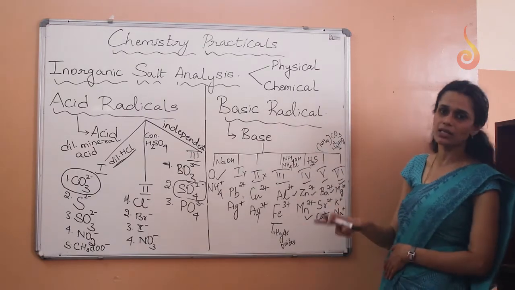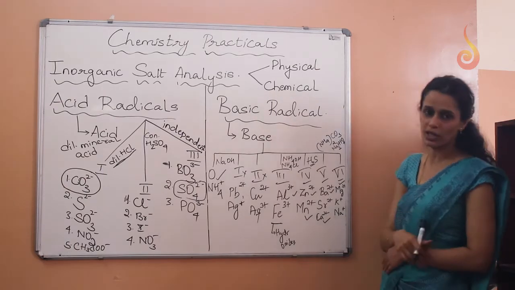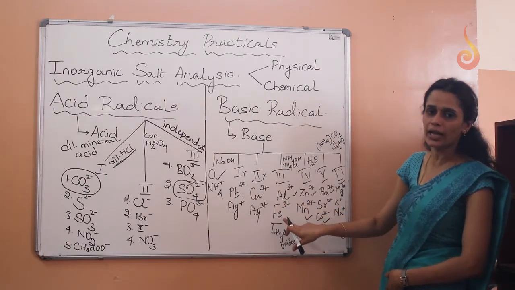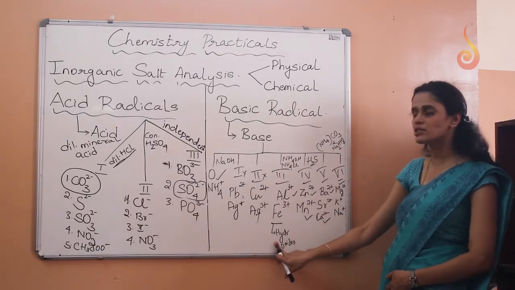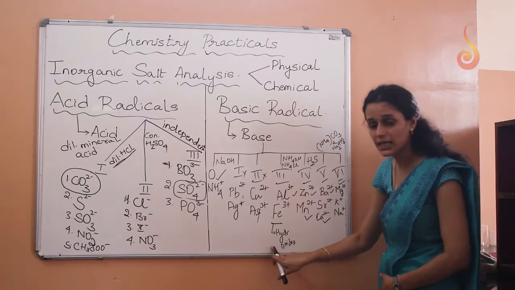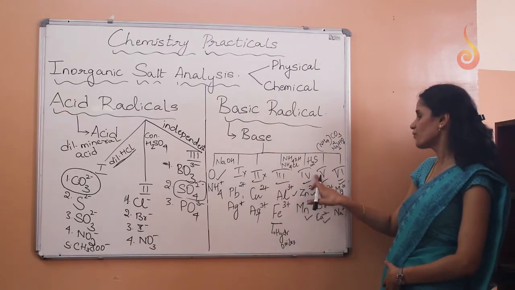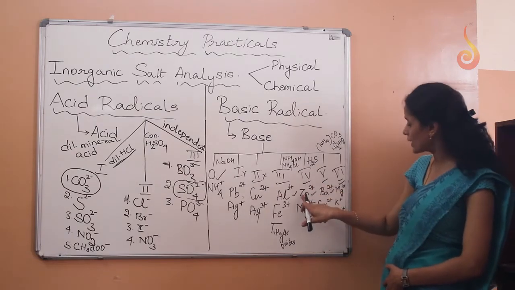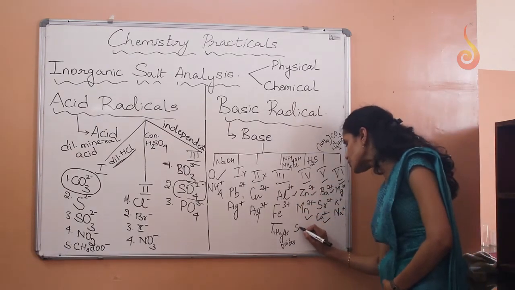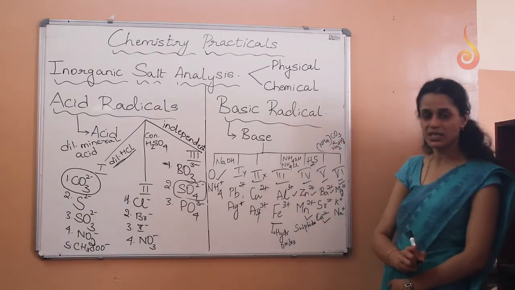So that is the reason we use these reagents as group reagents. Now in case of the third group, aluminium ion and ferric ion will always give rise to the formation of precipitates, and that's nothing but hydroxides. Similarly, we have fourth group radicals, that's nothing but zinc and manganese. They will give rise to sulfide precipitates.